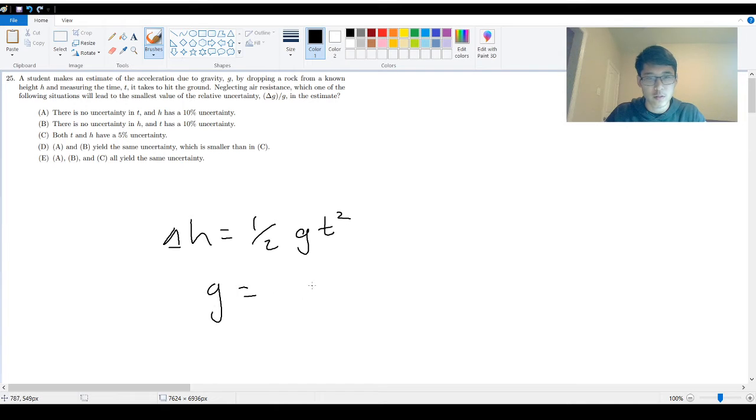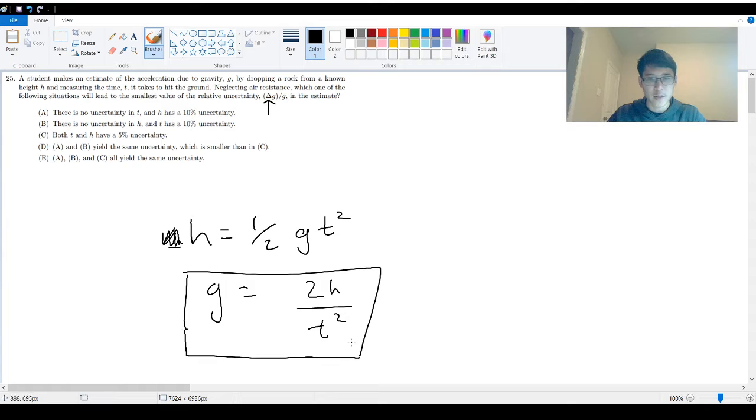So g is equal to 2, just call it h to not get it confused with uncertainty because it has a different delta, divided by t squared. So this is our equation to calculate g. And the error will propagate through the errors in h and the errors in t. So the question is asking us which situation will give us the smallest value of relative uncertainty in the estimate.